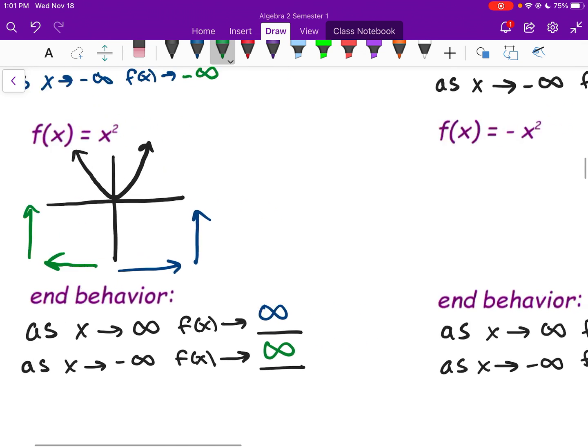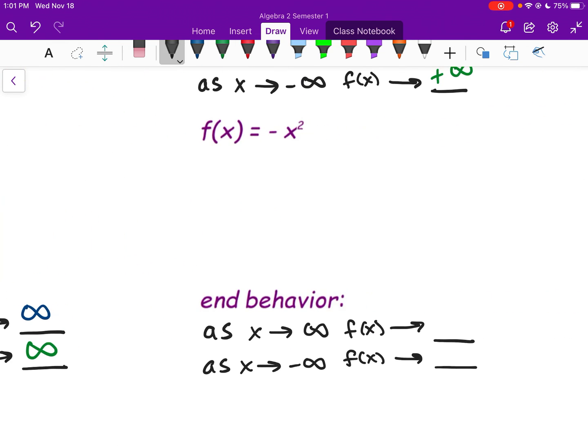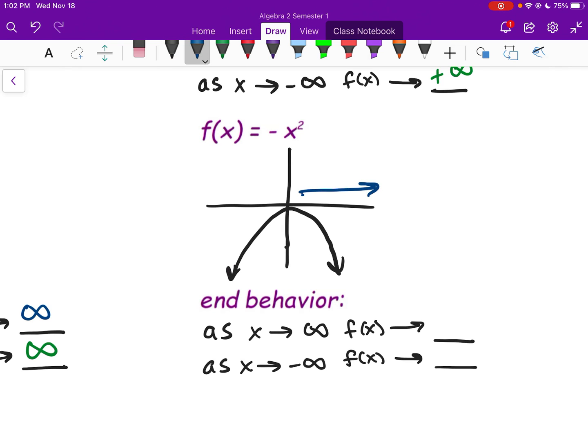All right. Now, let's do negative x squared. So that's a parabola that is opening downwards. So as x approaches infinity, as we go right, the graph is going down. So the function is approaching negative infinity.